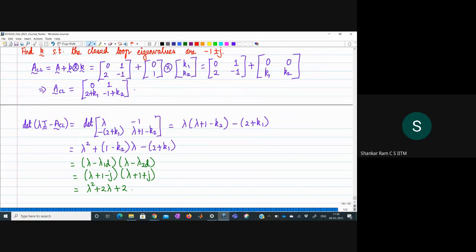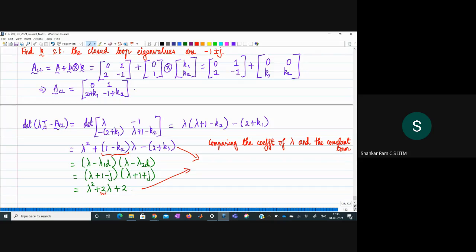Now, if we compare both these equations, we first compare the coefficient of lambda and the constant term of the polynomial, because at the end of the day, these are the same closed loop characteristic polynomial for the same system.